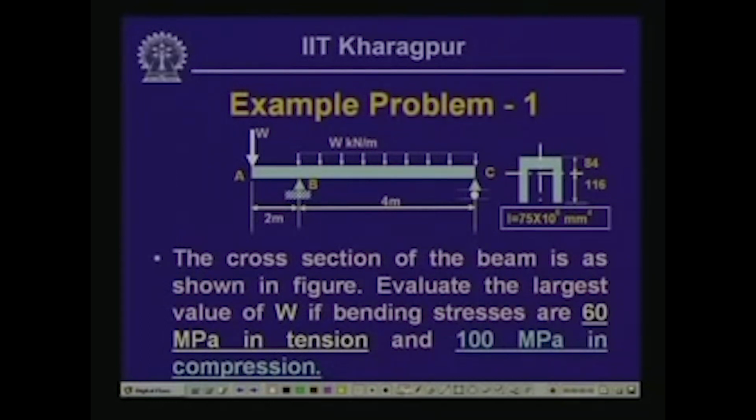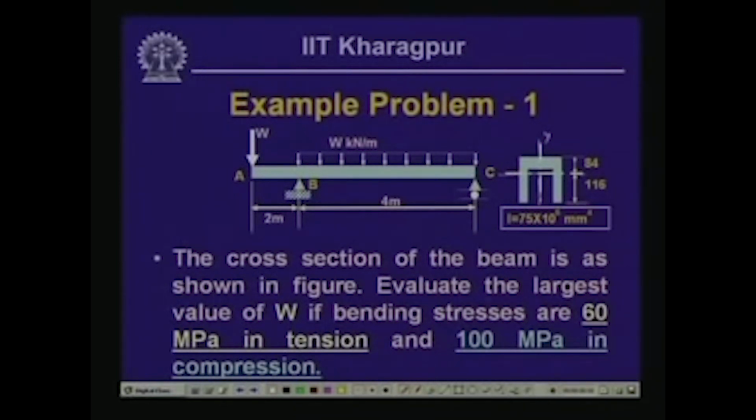Now, this is the example which I had given to you last time, where the cross section of the beam is like this, an inverted U. This particular section is symmetrical with respect to the y axis, but it is unsymmetrical with respect to the horizontal axis.